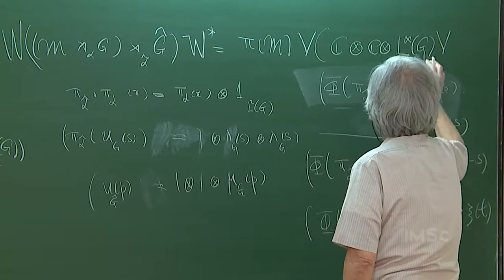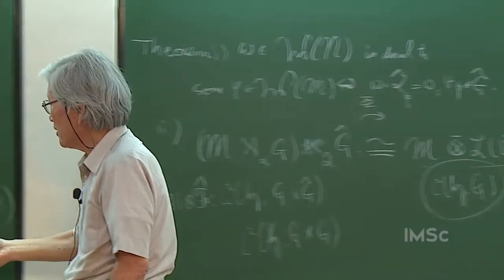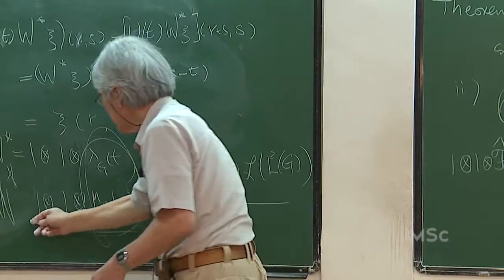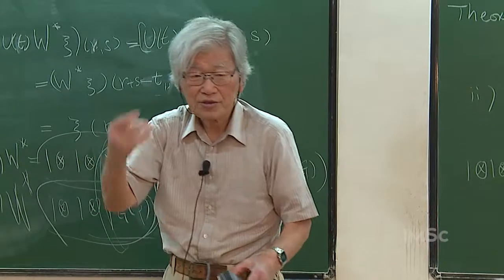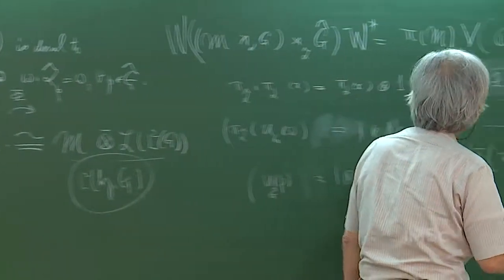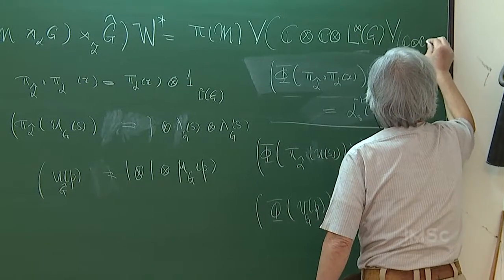Wait a minute, this one, I'm sorry. This one is generated by this one. Yes. This one. And then this one generates the group algebra R of G, C cross R, C cross RG.